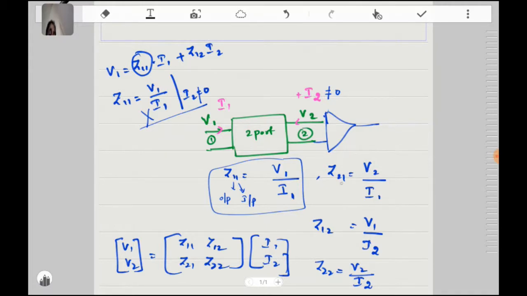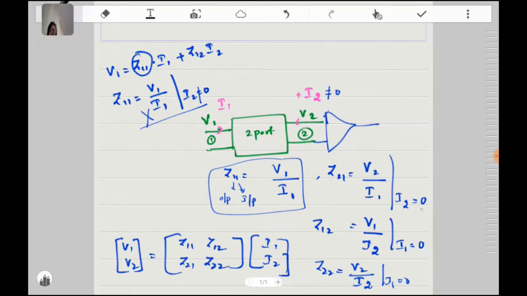Similarly, if you take Z21, it is the voltage at the second port over the current from the first port. Again, this is valid only whenever I2 equals 0. Z12 equals V1 by I2 provided that I1 equals 0. Z22 equals V2 by I2 provided that I1 equals 0.